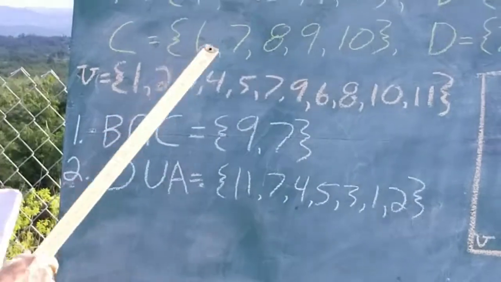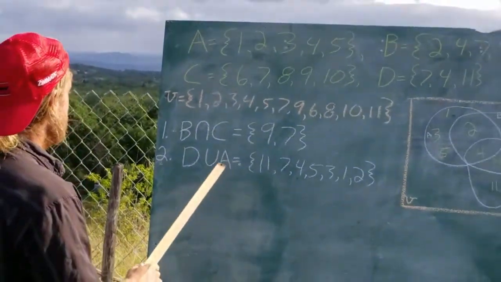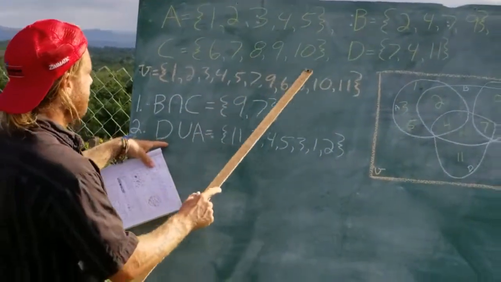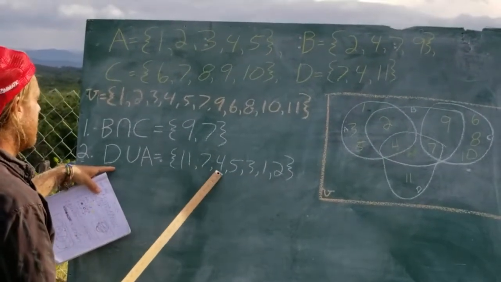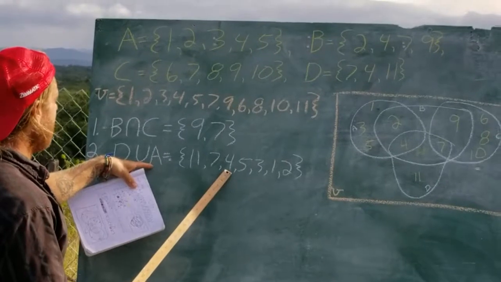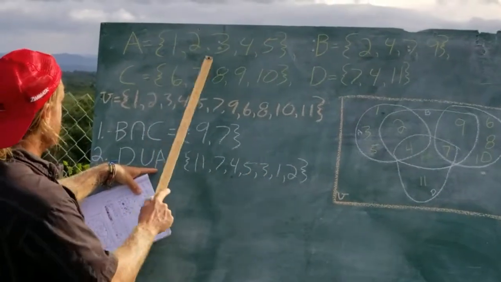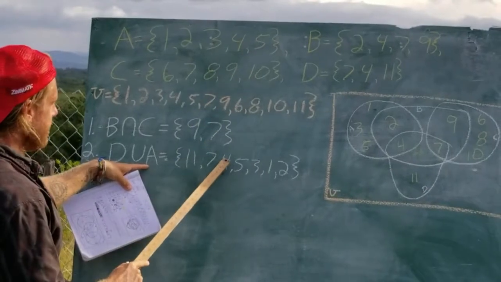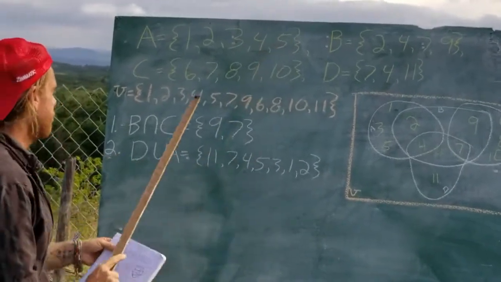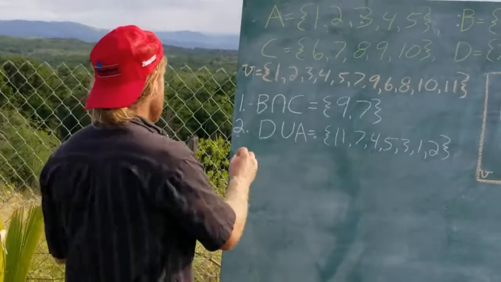All right, let's see how it looks up here. We should have all the elements in D, 7, 4, 11, or all the elements in A, 1, 2, 3, 4, which we already had from set D, and 5. All right, let's move on.